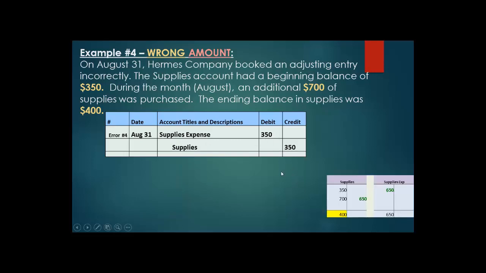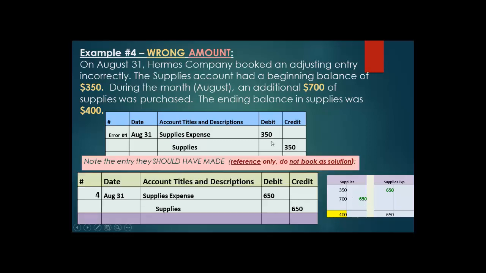They booked, the accounts are correct, debit supplies expense, credit supplies, but the amount is incorrect. And perhaps the best way to illustrate that is to go back to using the T accounts here. Beginning balance of $350, additional purchase of $700, ending balance of $400. To make that balance, we needed a credit to supplies of $650, not $350. So the entry should have been debit supplies expense $650, credit supplies $650.